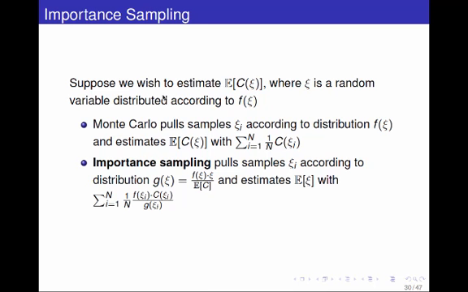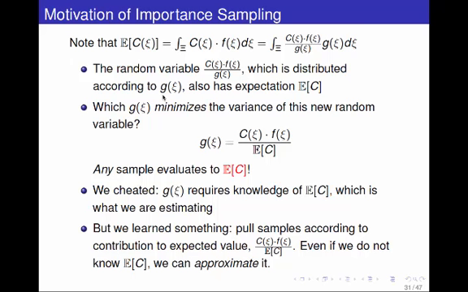Okay. Let's see how this works. So how did we come up with this idea in the first place? We basically rewrote the expectation of the cost as this integral over here. So we just rescaled everything by this new distribution.